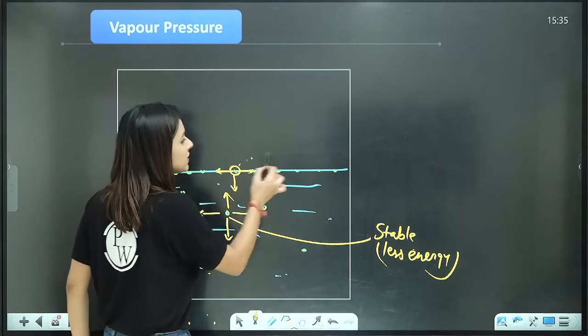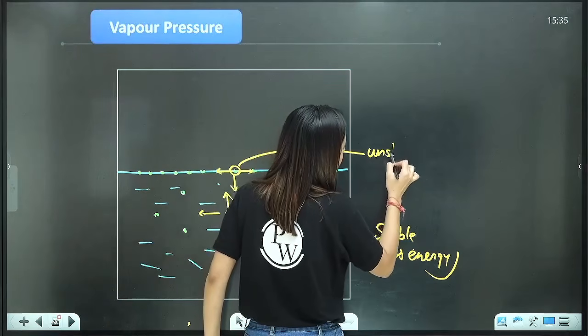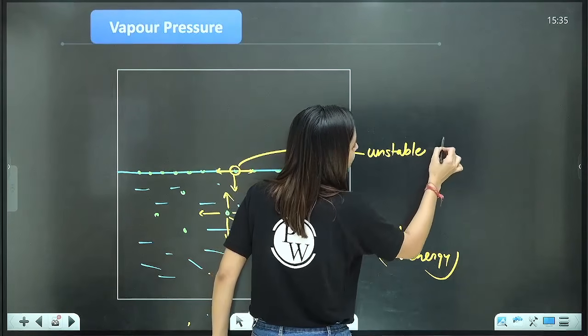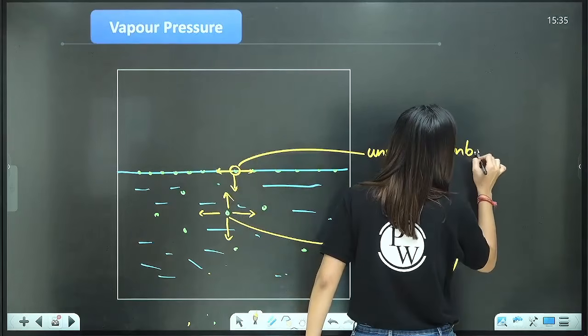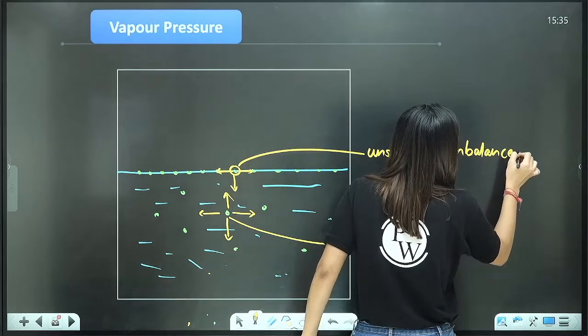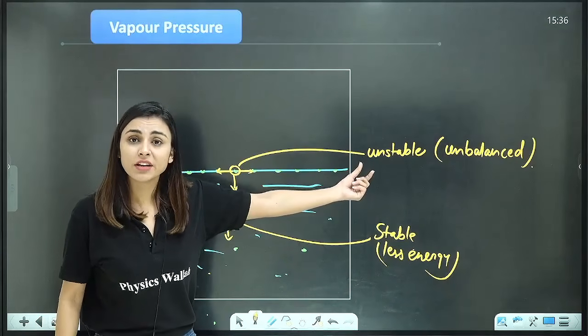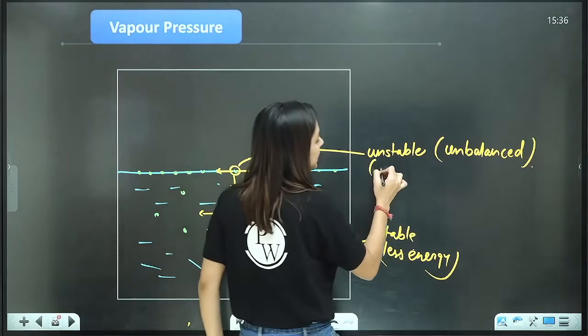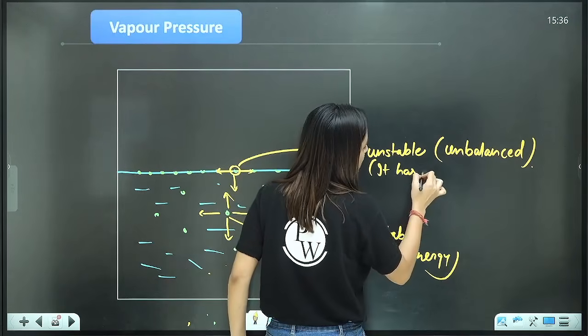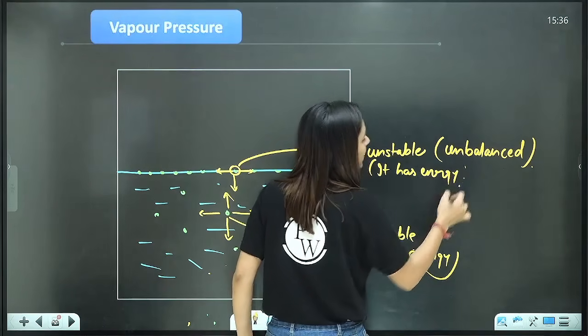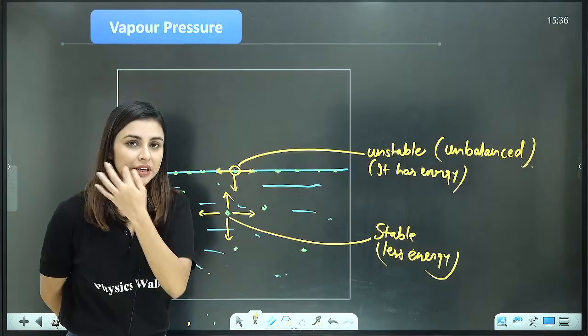So what will we say? That it is unstable. Why? It is unbalanced. If it is unstable, then it has a lot of energy. So you can say that it has energy. Now you have to understand it by the concept of the thief.